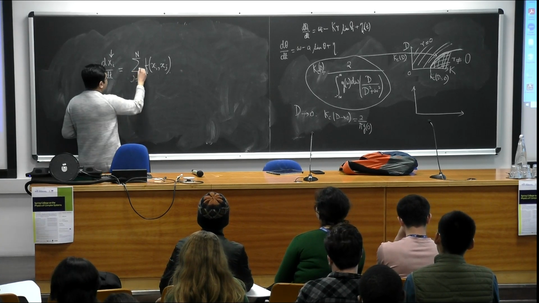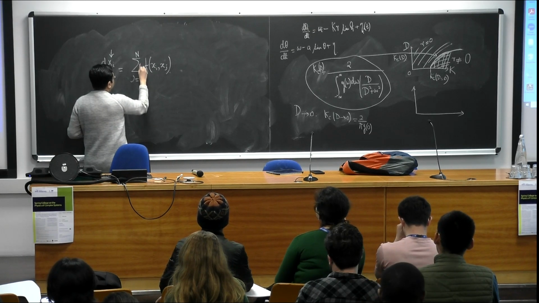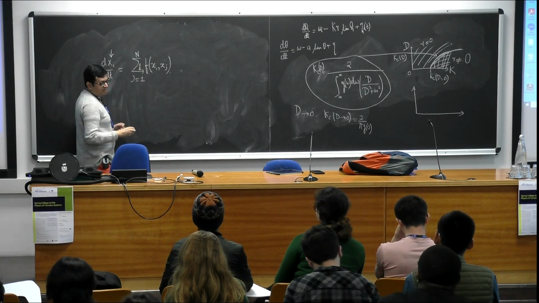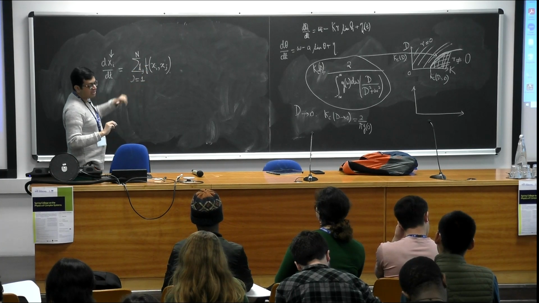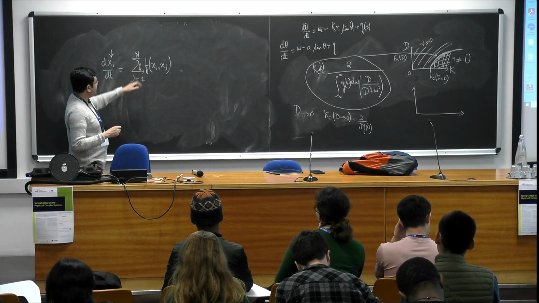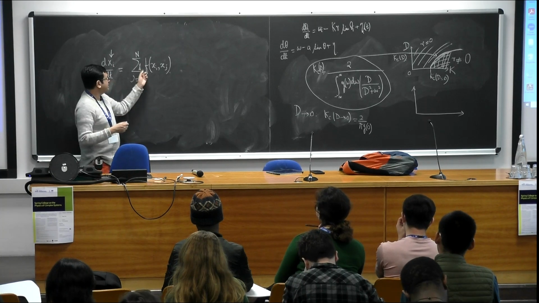Had I had a factor here, let's say aij, then of course everyone is still coupled to everyone else, but not equally well, because aij determines the coupling between the ith and the jth.